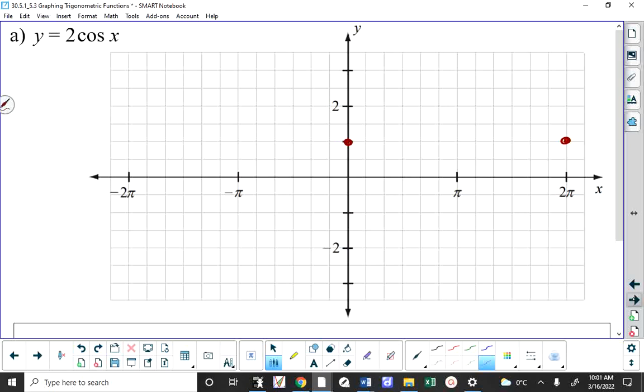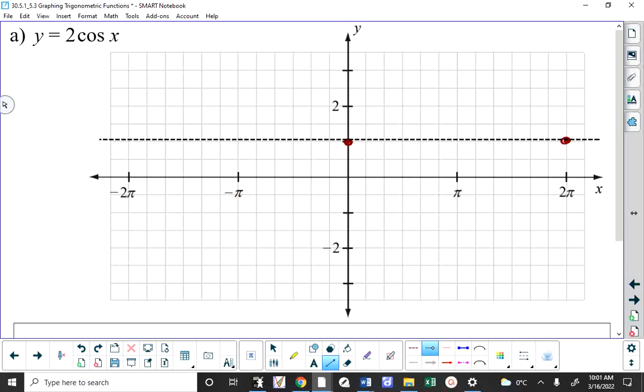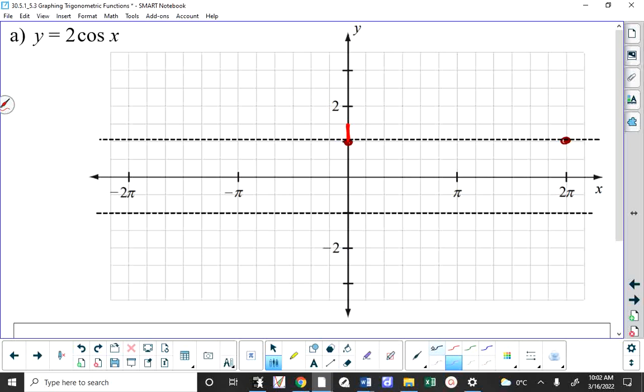If you wanted, and I don't really think you should be sketching what I'm about to sketch, if you wanted to sketch cos of x, then what you would do would be to put those vertical lines. You would take this and break it into 4 chunks, because you know that a complete cycle is 4 chunks.